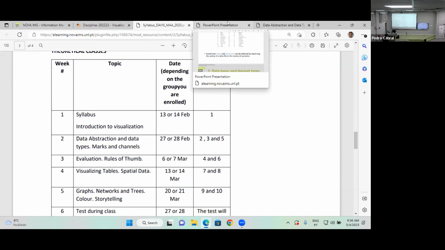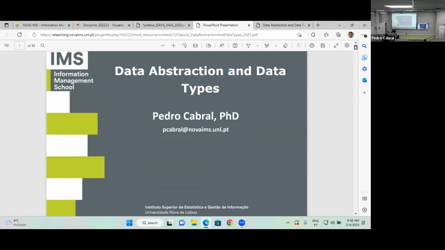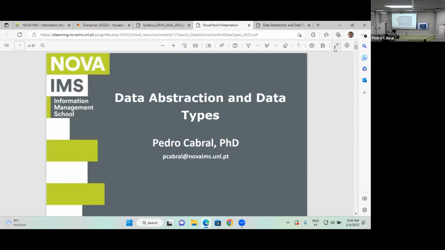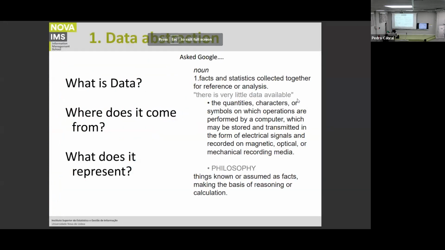Okay, so I think we can start. Chapter 2 is about data abstraction and data types. So we'll be working with data. It's up to you actually, thinking about the application you want to develop. I'm not sure if you already know what data set you are going to use.